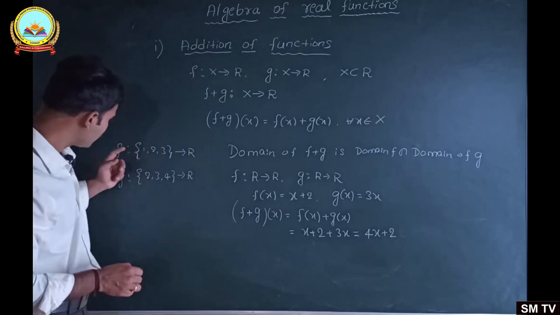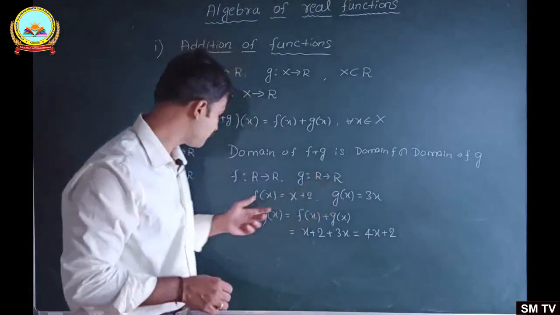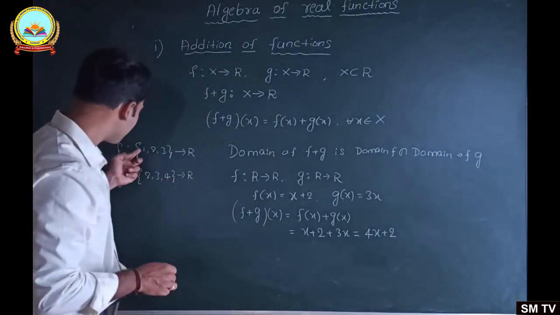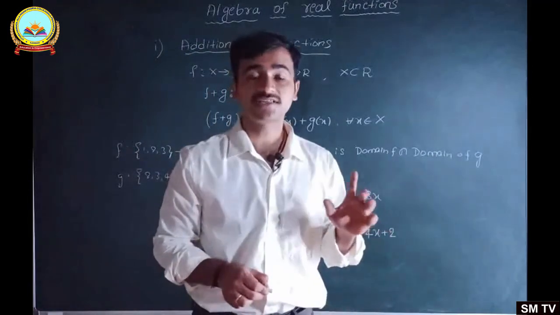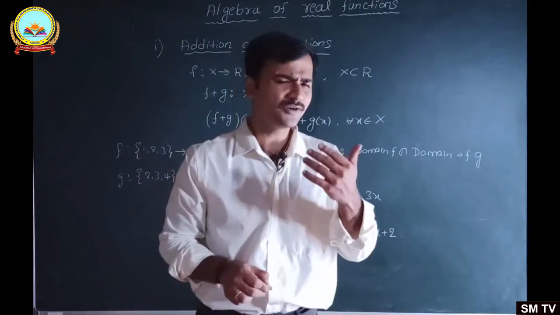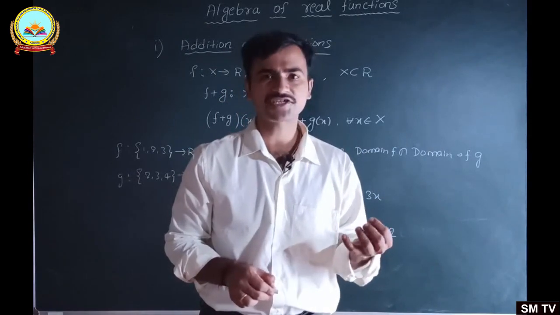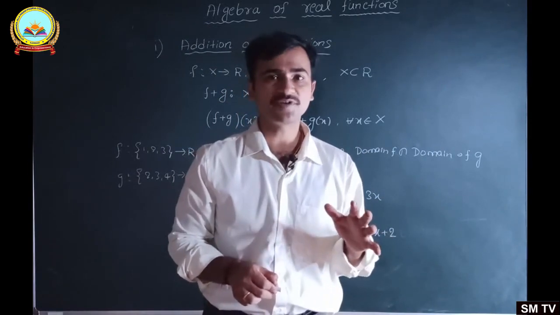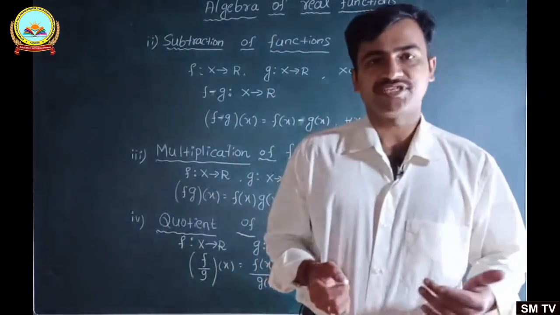In this case you can find (f plus g)(2) and (f plus g)(3), but you cannot find (f plus g)(4) or (f plus g)(1), because they are not common to both f and g. Therefore, for every algebraic operation, addition, subtraction, multiplication, division, the domain must be the intersection of both.